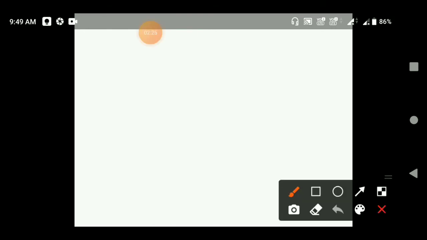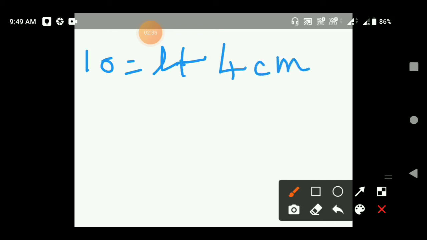So 10 is equal to length plus 4 centimeter. So when we interchange 4 centimeter to the left side, it will be minus from 10.